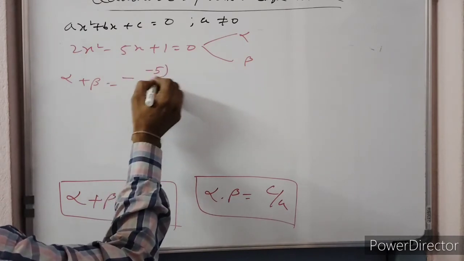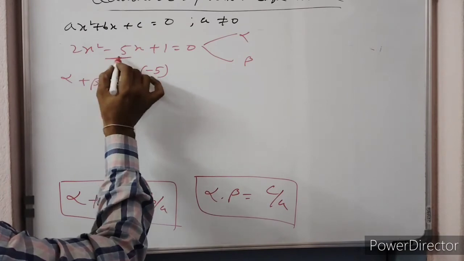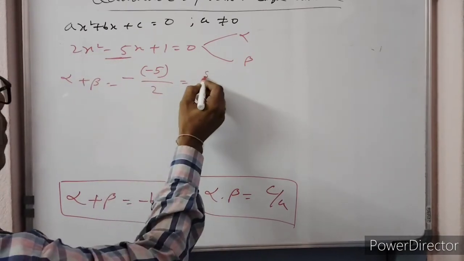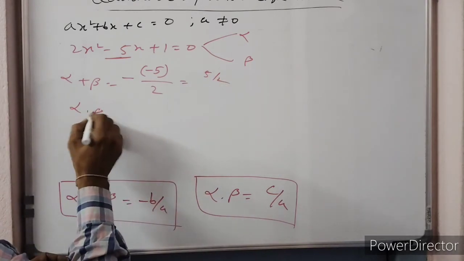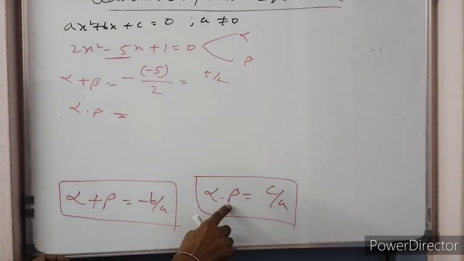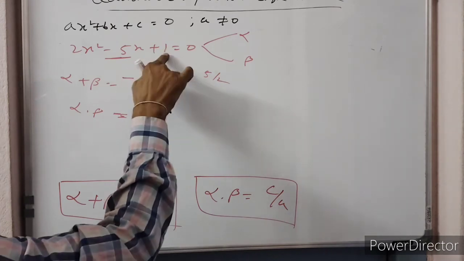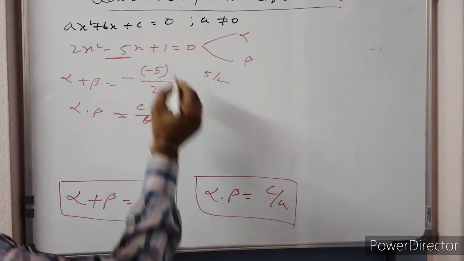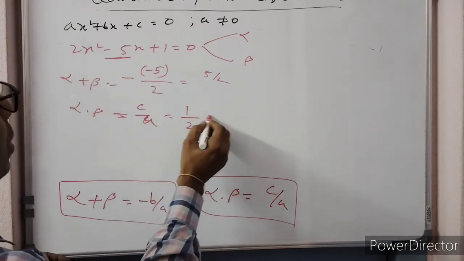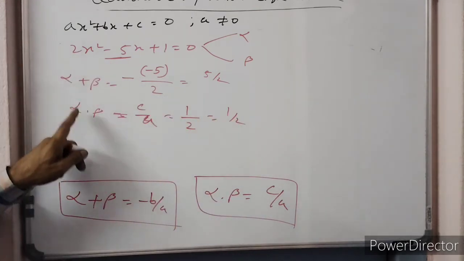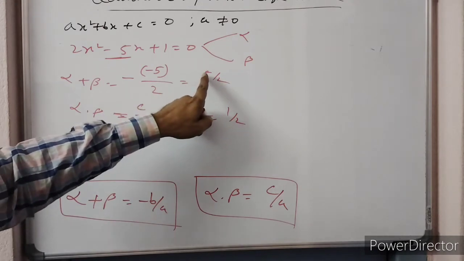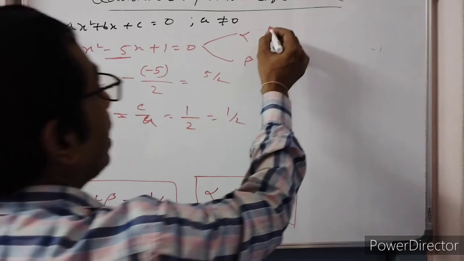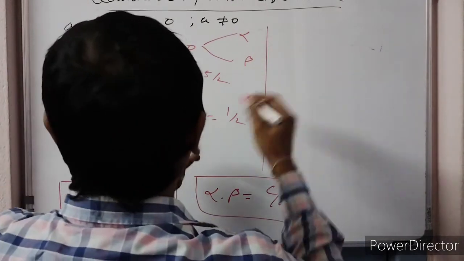B is minus 5 and a is 2, so minus b by a equals 5 by 2. And the product of the roots alpha into beta equals c by a. C is 1 and a is 2, that is 1 by 2. So alpha plus beta equals 5 by 2, and alpha dot beta equals 1 by 2.